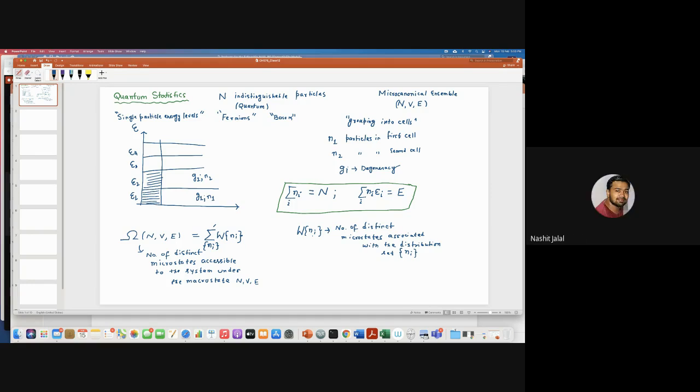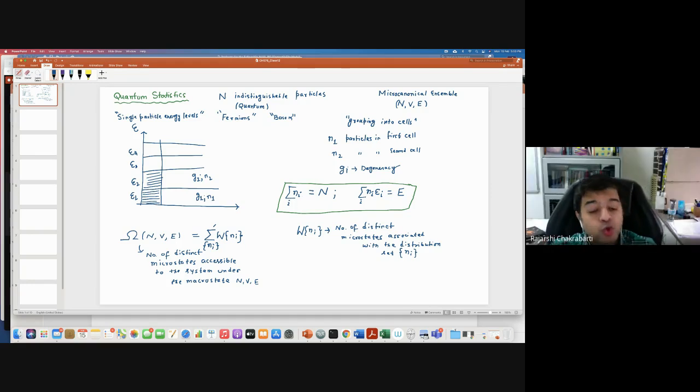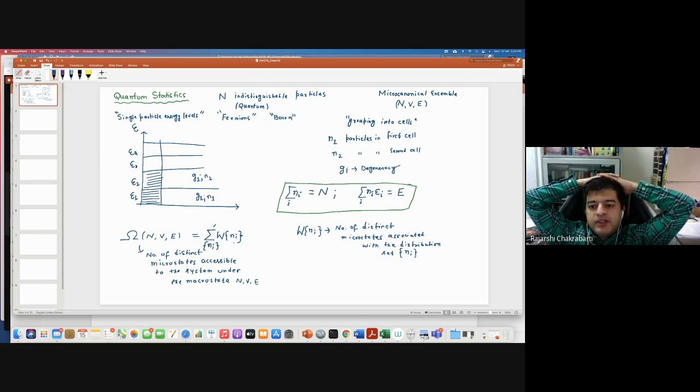Now, the total number of microstates, what is it? I will do all the permutations, all possible permutations with these two constraints. So I should take this W, which is for a given distribution set within curly bracket Ni, and then sum over all possible distribution sets Ni within curly bracket.